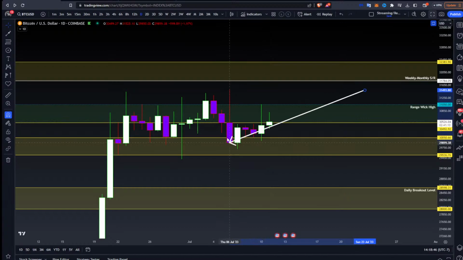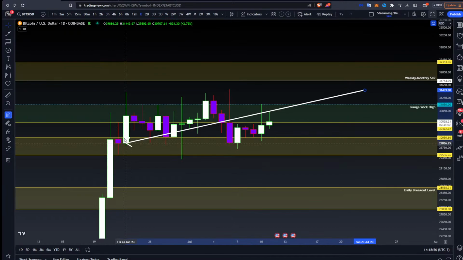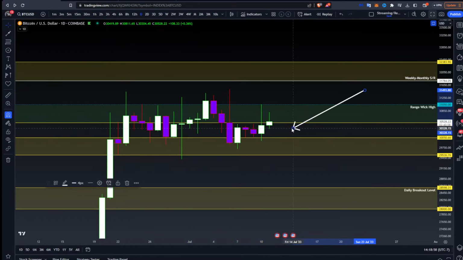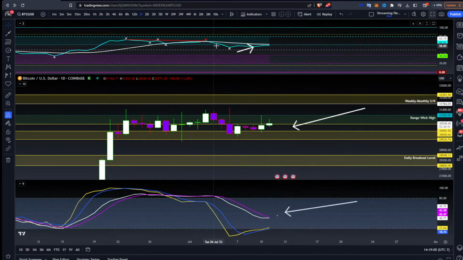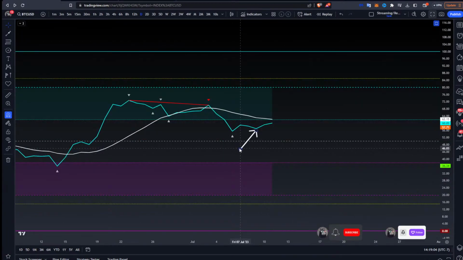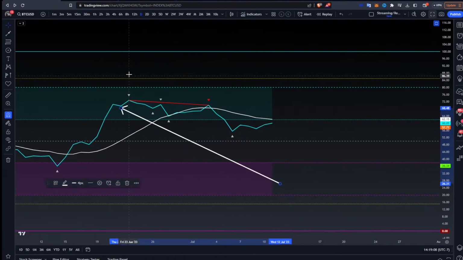This low came in at 29,899 with the open at 29,895. And this is not really a structural low, so we'd have to look back a little bit further for a bull div. And maybe you could make the argument that there isn't one here.